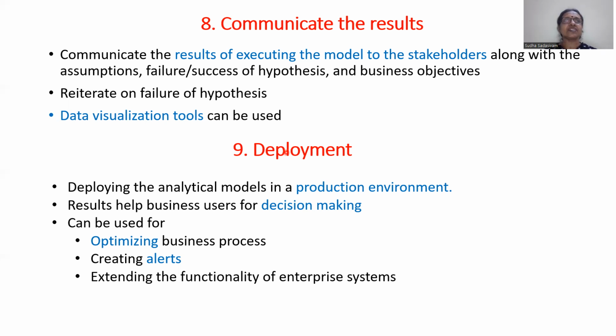Once he identifies that the objectives of the problem are satisfied, then he feels that the model can be deployed. Then finally, the model is deployed in the production environment and the input data is given to predict the results. So these are all the 9 phases in the big data analytics life cycle.